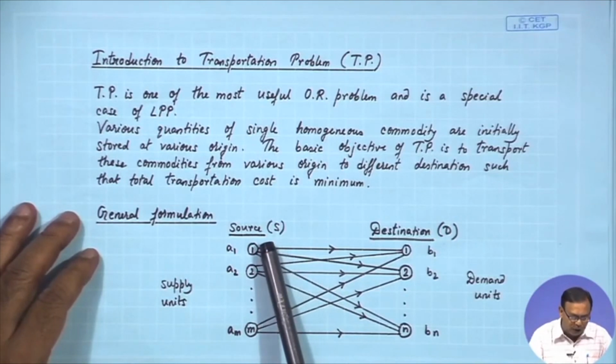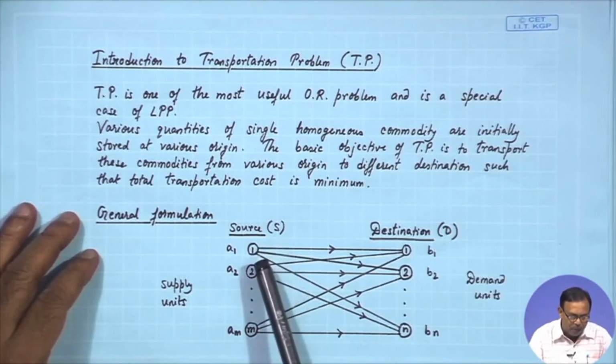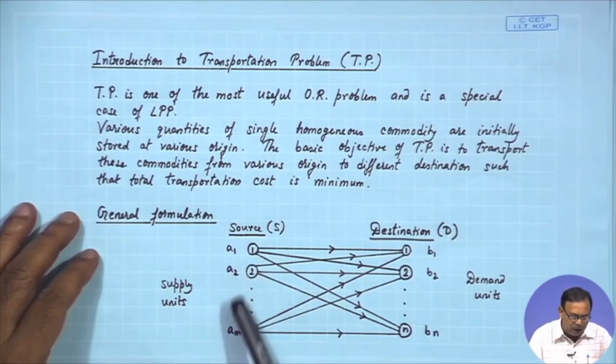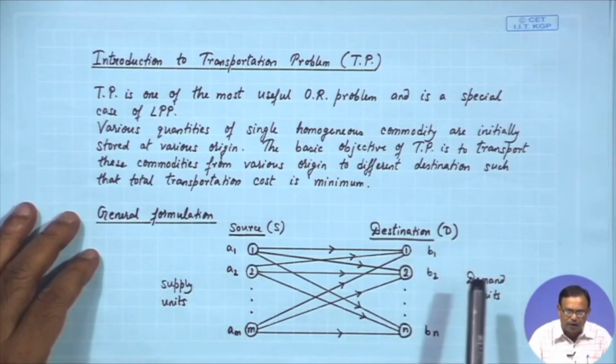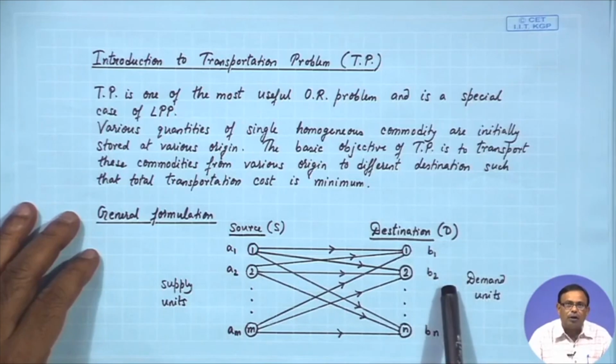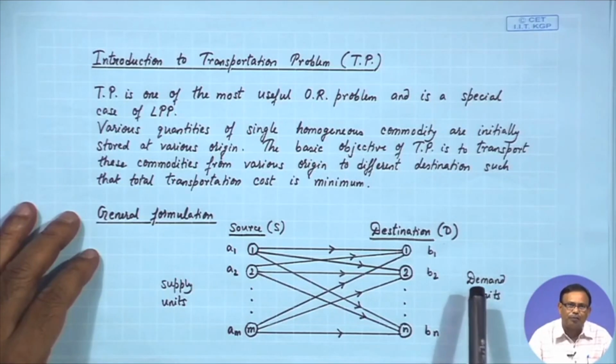You have some sources, which we are denoting as A1, A2, ..., Am. M sources are there, which we call supply units, and you have certain destinations, which we denote as B1, B2, ..., Bn, which we call demand units.